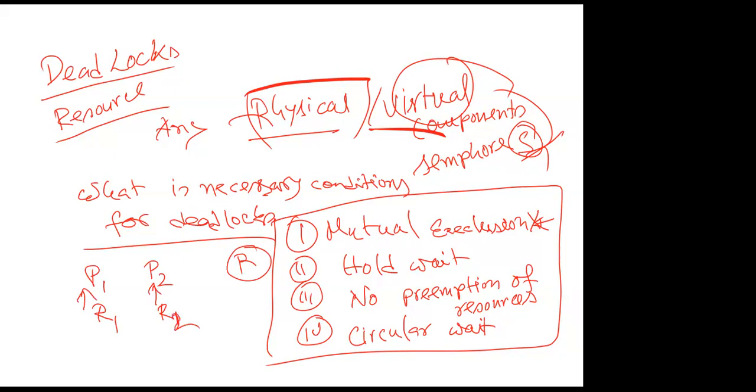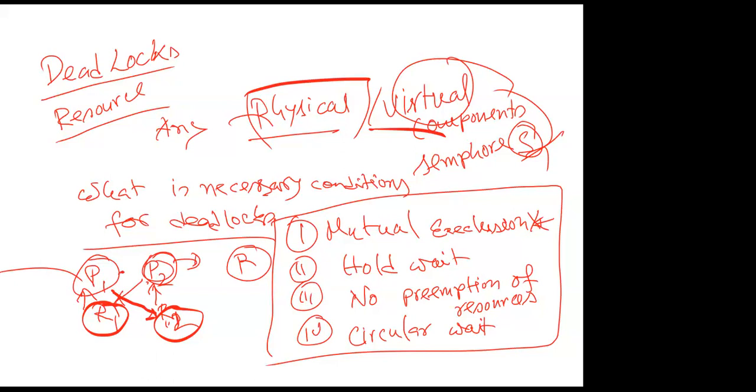Now process P1 needs two resources: R1 is occupied and R2 is requested. So it tries to access this resource, and then it will go into sleep mode, because R2 is already held by process P2. Similarly, process P2 is trying to access R1, so it will also sleep, because this is circular waiting.